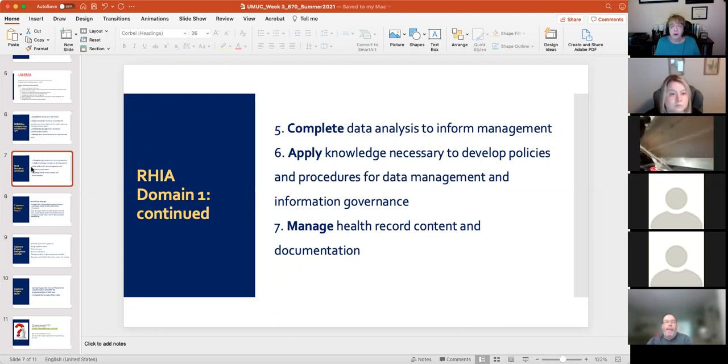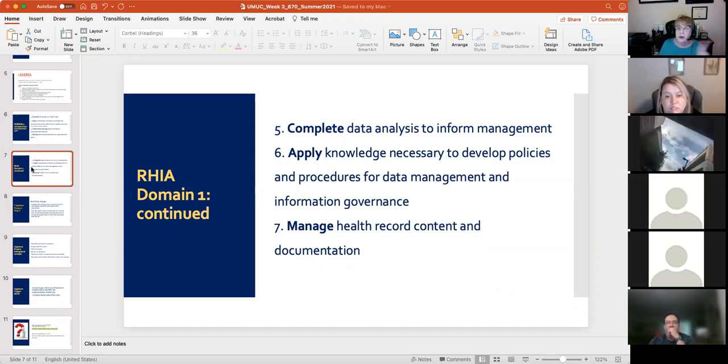And this has to do with knowing what is required in the healthcare record and making certain that documentation is done in accordance with the Joint Commission as well as the other laws that stand with regard to what must be there. Health information managers and health informatics directors are in charge and have the authority to stop a physician from treating patients in the facility if they're not getting their documentation done on time.